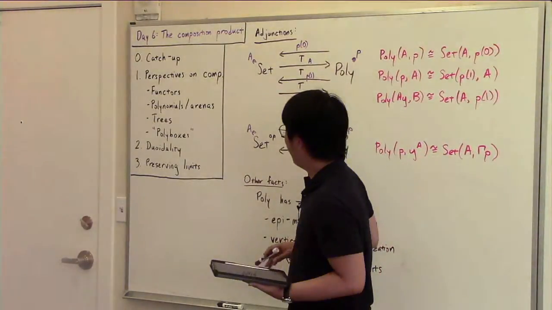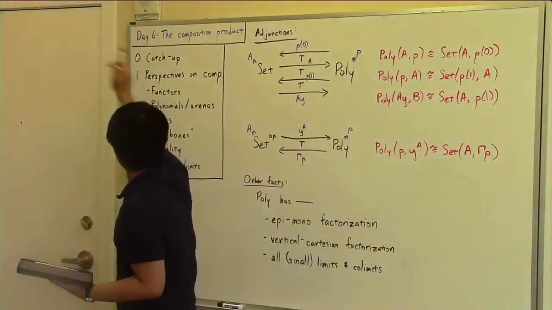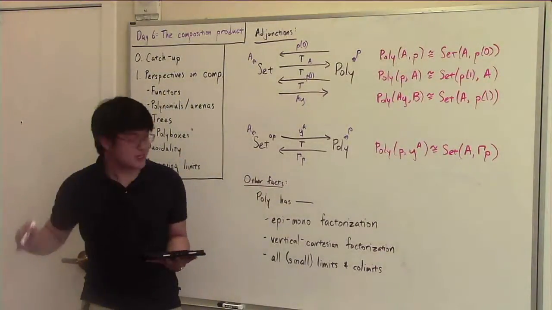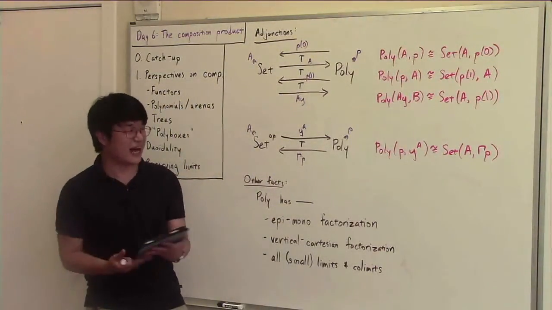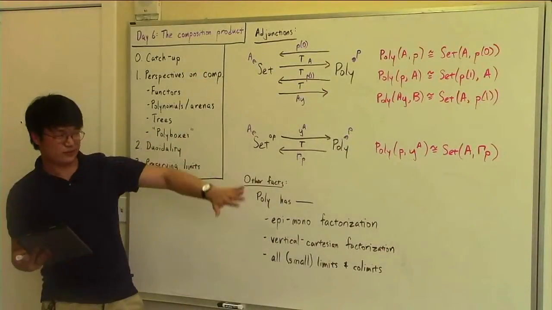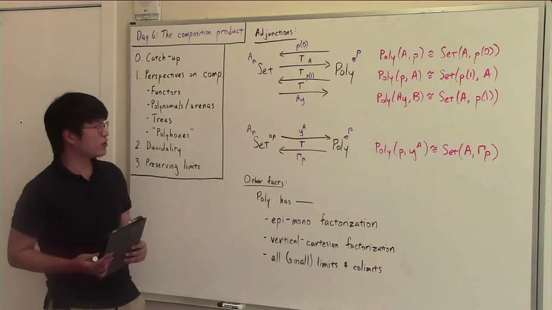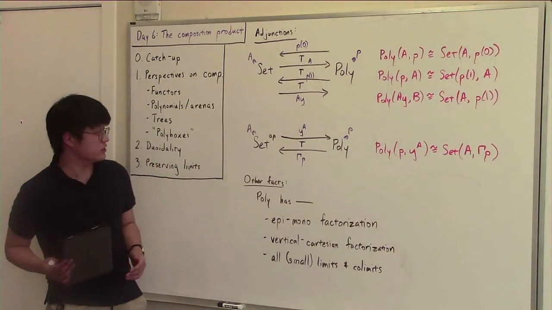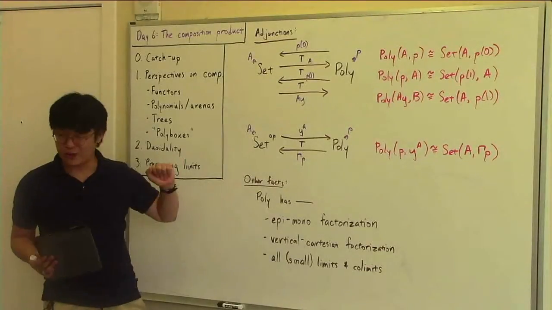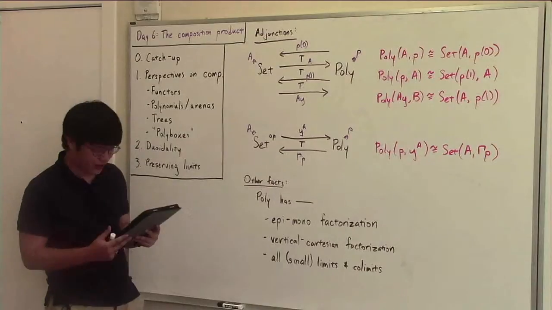But before we get into any of that, we will cover some of the stuff that I missed at the end of class last time. If you'll recall, we were going over some other categorical properties of Poly, and we will go over them real quick right now. One interesting thing about Poly is that there are a bunch of adjunctions between Poly and Set.